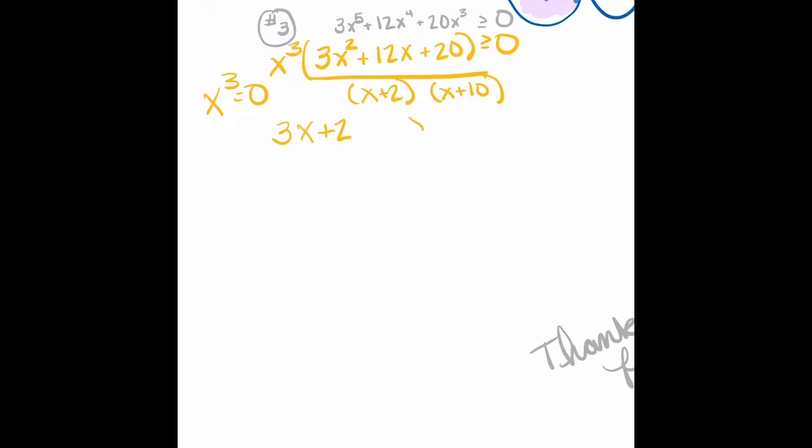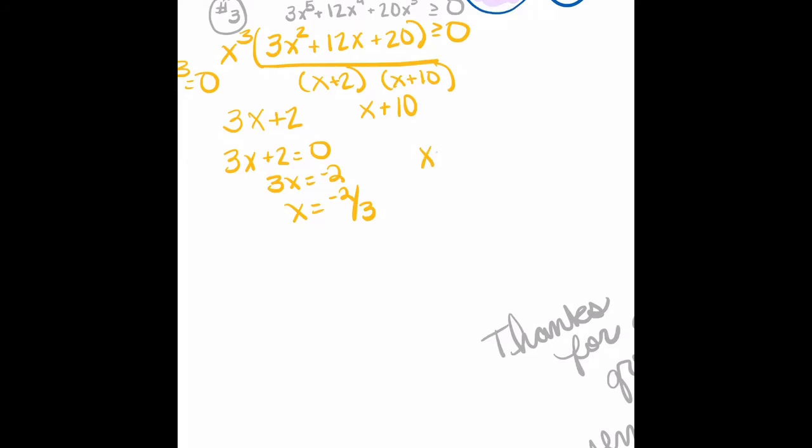How do we want to break that 3x up? And an x plus 10. Let's try that. So then when I set that equal to 0, I get 3x is equal to negative 2, so x is equal to negative 2 over 3, and x is equal to negative 10.